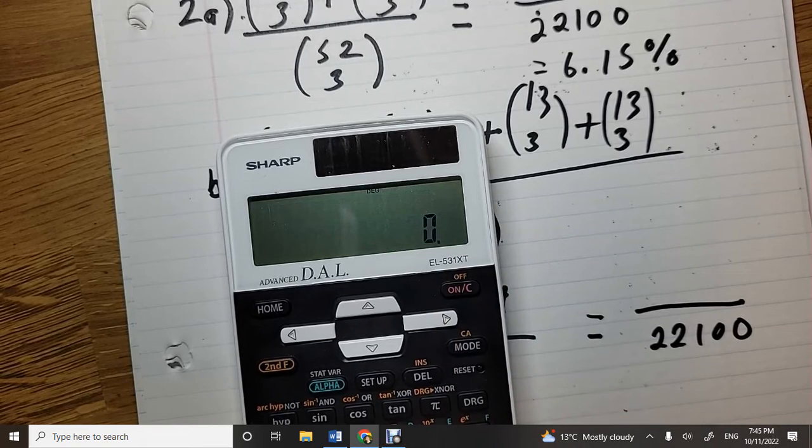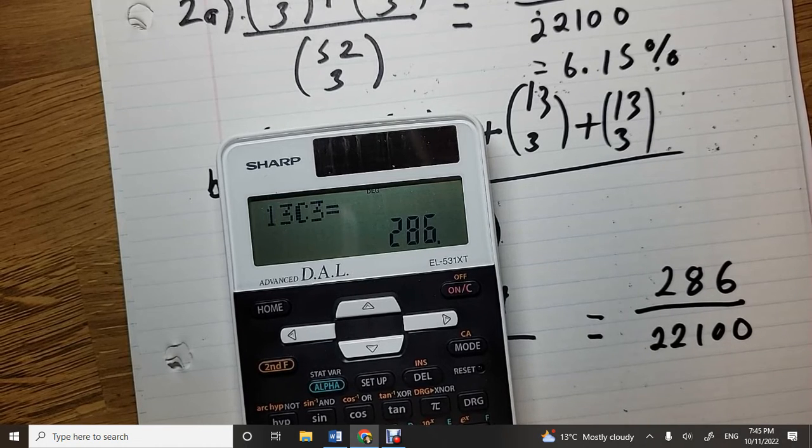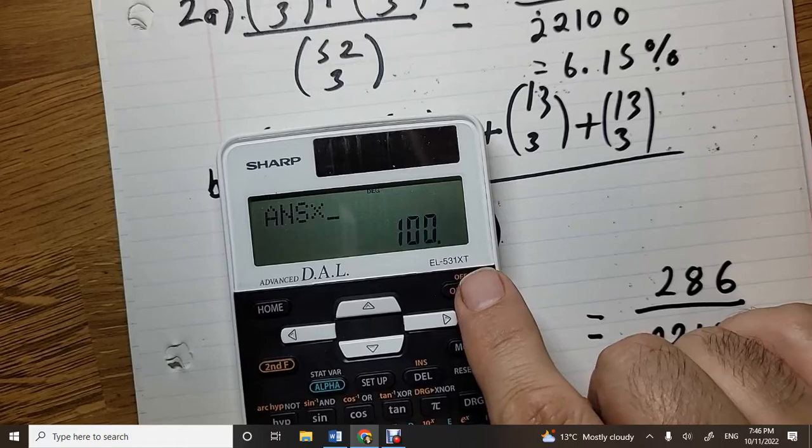You can try it on your calculator. Now, you should be doing this at the same time as me. Don't waste your time and just sit there and do nothing. Now I got 286 divided by 22100. Okay, I think I forgot to multiply by 4.